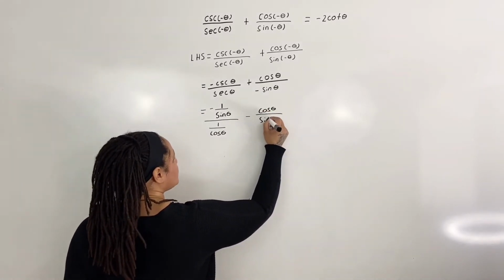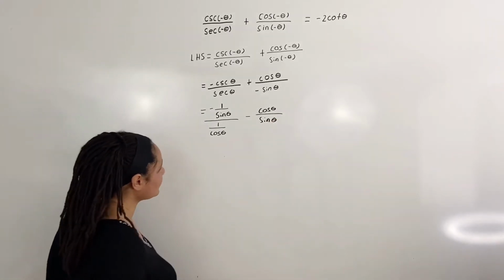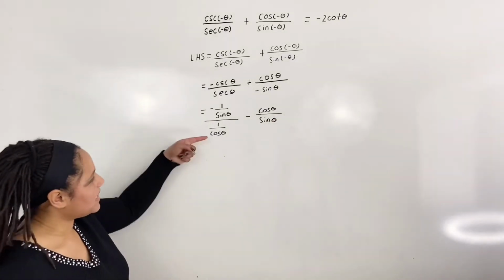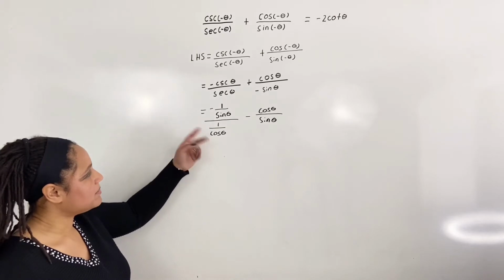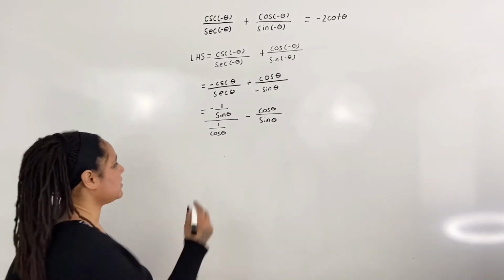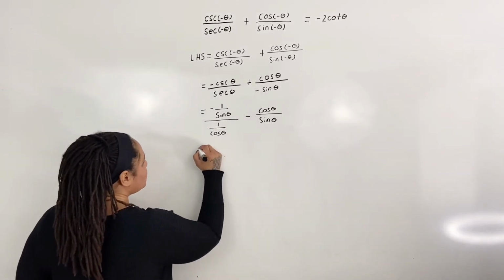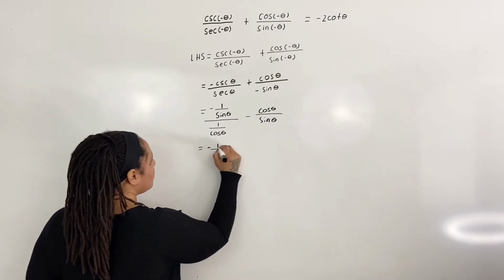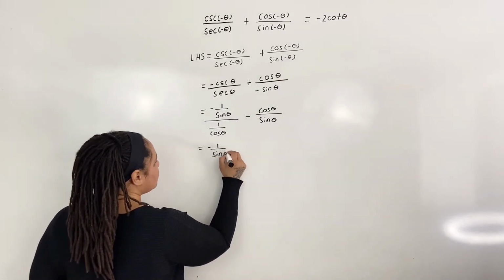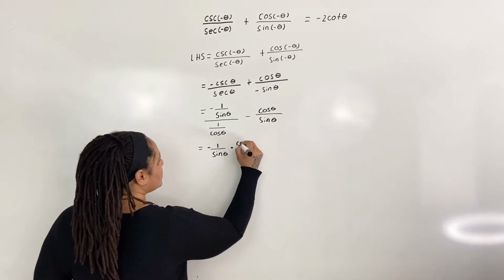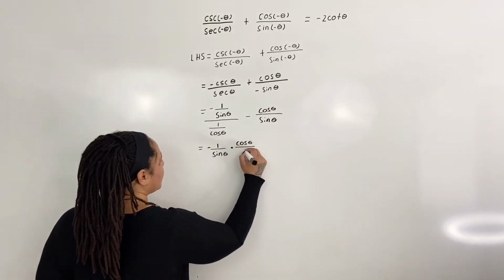Now we have a fraction divided by a fraction, so I can simply multiply by the reciprocal here. So we say this is equal to negative 1 over sine of theta times cosine of theta divided by 1.